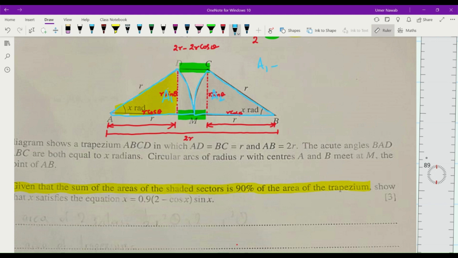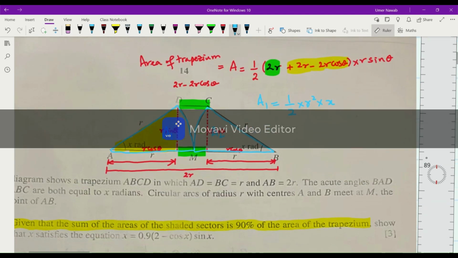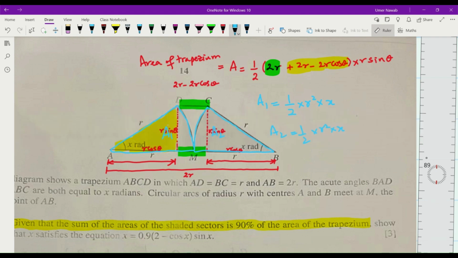So A1 should be equal to half times radius squared times x. Clear? And A2 should be the same, half times radius squared times x. Just one thing to be taken into consideration, that this angle is not theta, it is x. Clear?